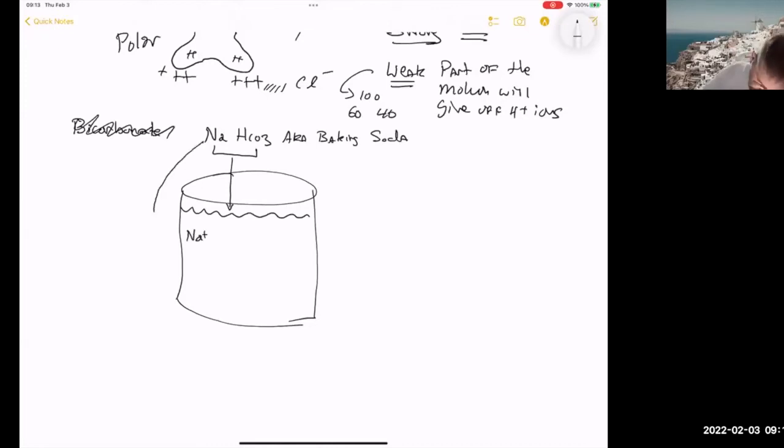So the sodium is going to pop off, and bicarbonate ions, HCO3 minuses. So when I put sodium bicarbonate in water, it will break down into sodium ions and bicarbonate ions.